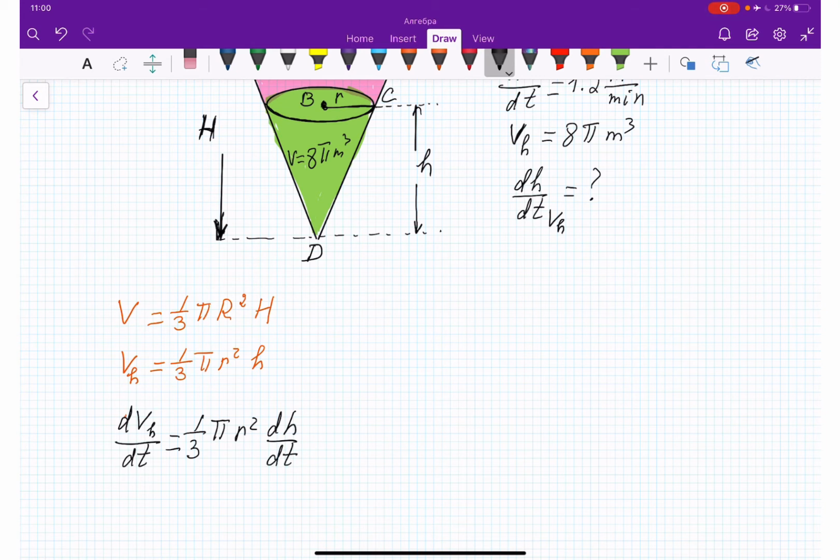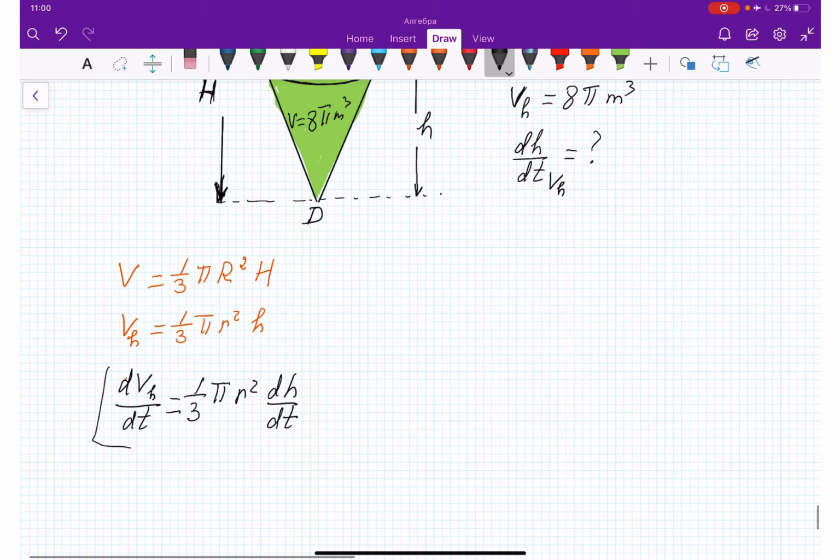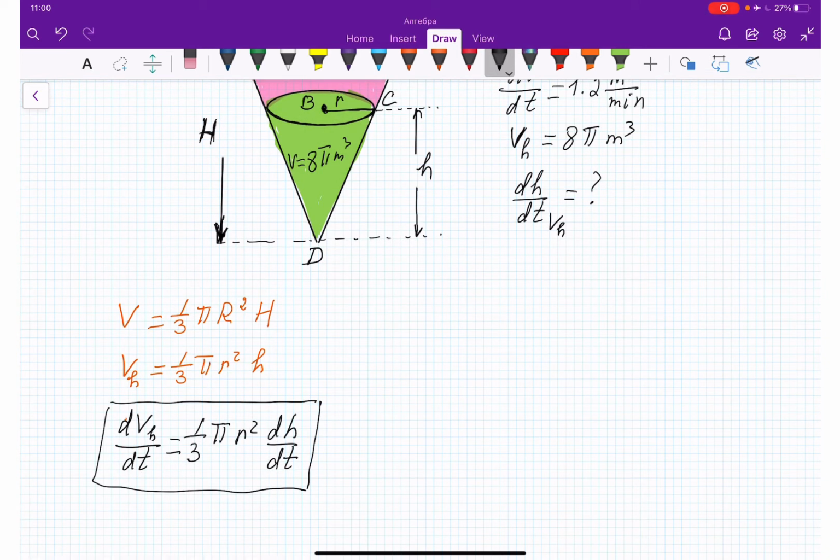This is our main formula. This is what we are going to follow. Once we have everything we need, smaller radius, the height, right? We can find out our dh by dt. This is what we need to find out, dh by dt, right here. And we will have our rate change for the level where volume will be 8 pi meter cubed.